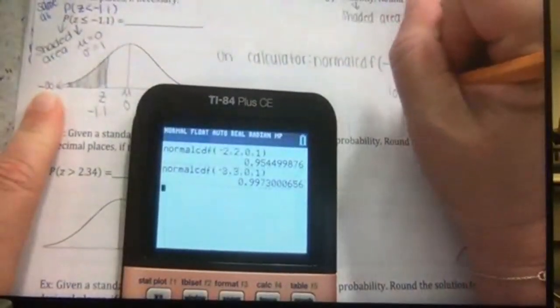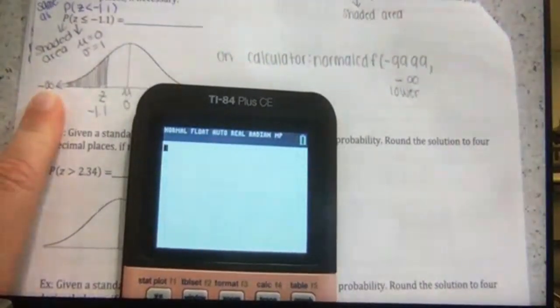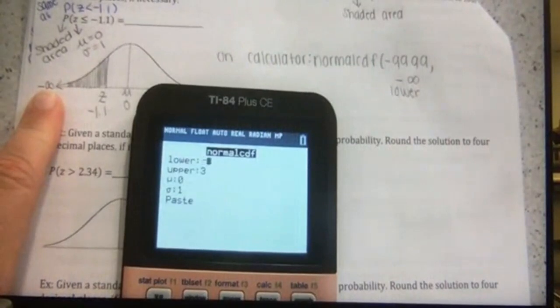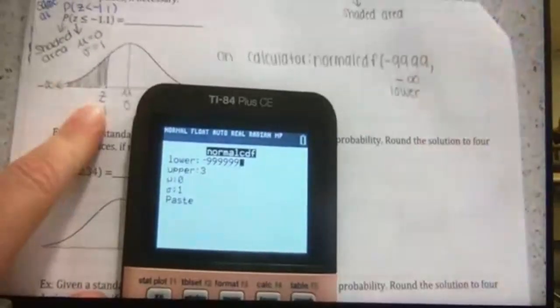Remember, this is our lower boundary. Second VARS, normal CDF. Negative 99999, it doesn't matter, just put a handful of nines. You're going to round it anyway.